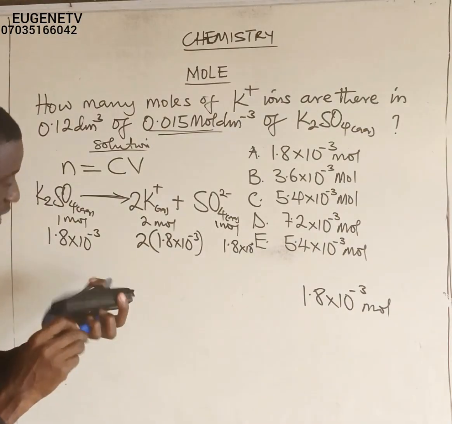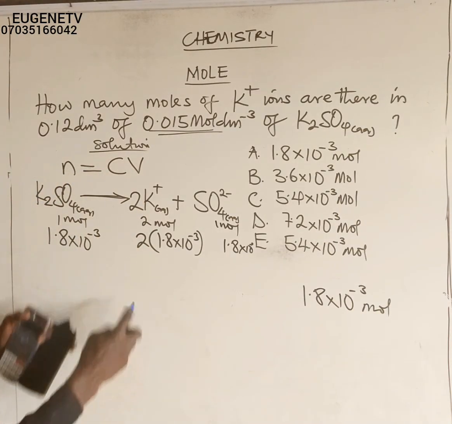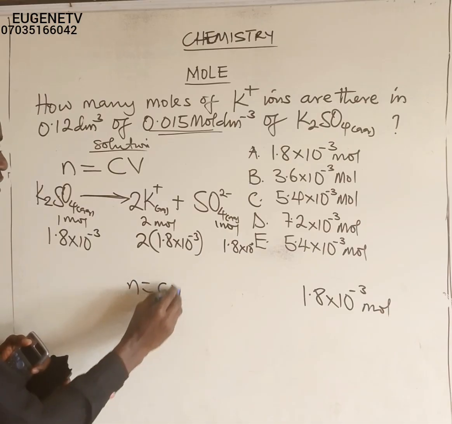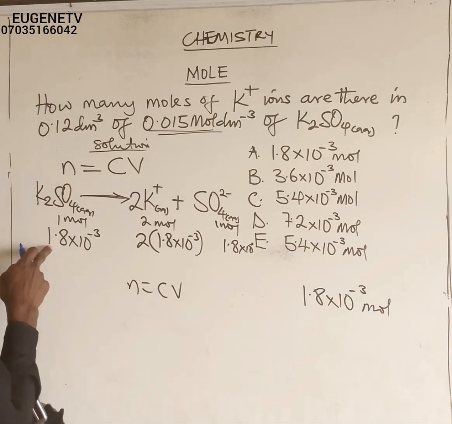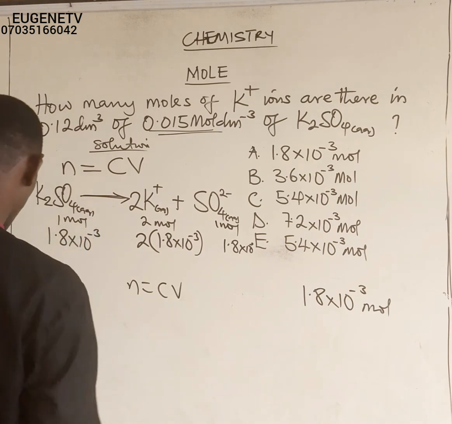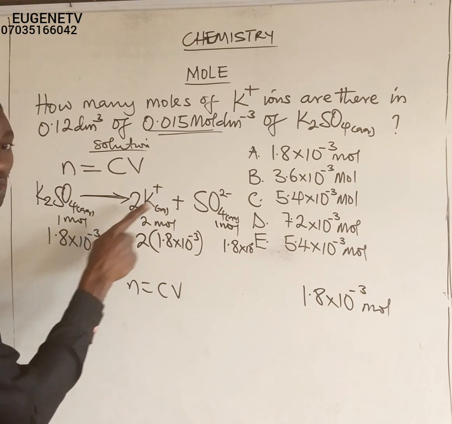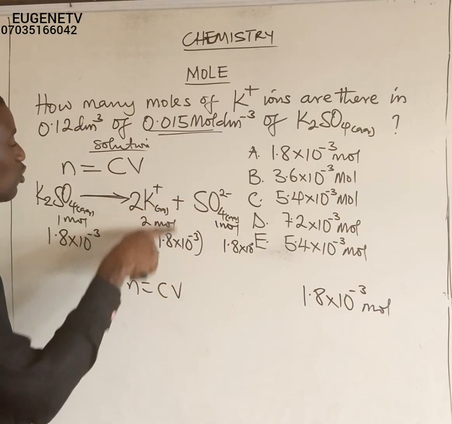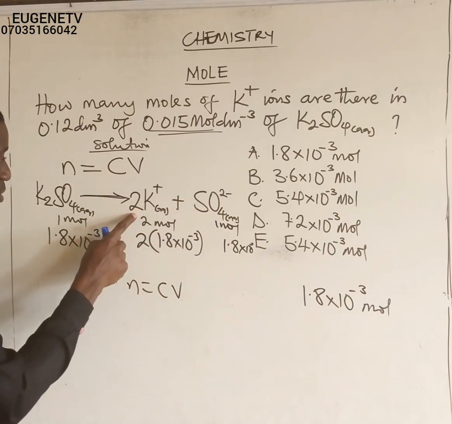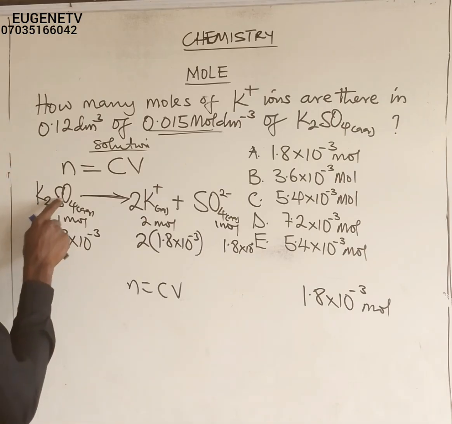So let me bring that again. The number of moles of this salt here from our calculation, when we established the fact that number of moles equals the concentration times volume, gives us 1.8 times 10 to the power minus 3. So if 1.8 times 10 to the power minus 3 ionizes in the solution, it is going to give us 2 times that, because there are 2 moles of potassium ion in potassium tetraoxosulfate 6.